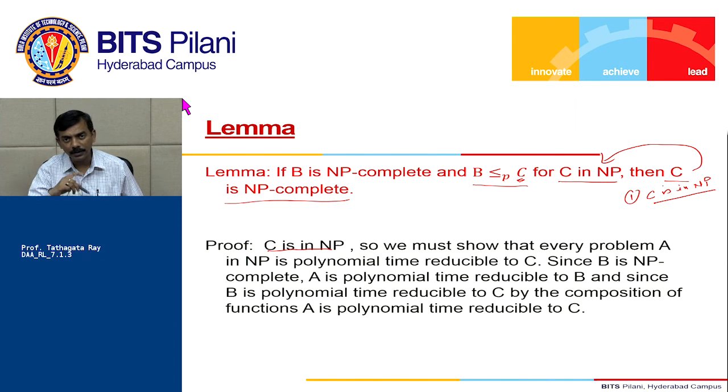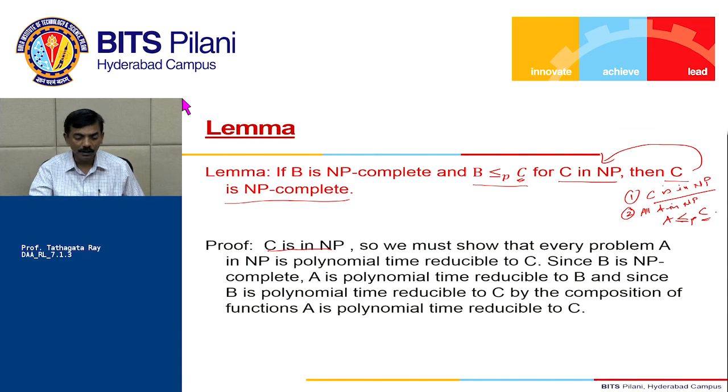C is in NP. So I don't need to prove the first part. The second part says that every problem A in NP is polynomial time reducible to this C. If that happens, then C is NP complete, right?